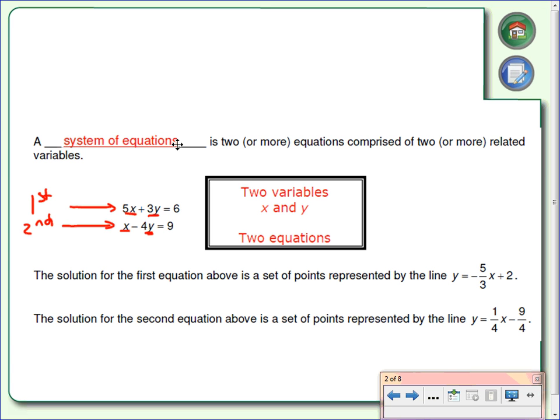Now, as I mentioned earlier, what we're going to be doing today is using the graphing method. And in order to graph these equations, we're going to have to rewrite the equations in slope-intercept form. Now, that's the part I told you guys that some of you are still having trouble with, so you're going to have to pay extra careful attention today. You'll notice that's what they did over here. They took this first equation and rewrote it as this here.